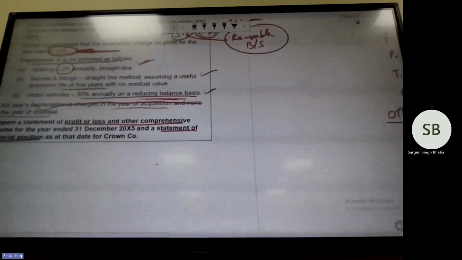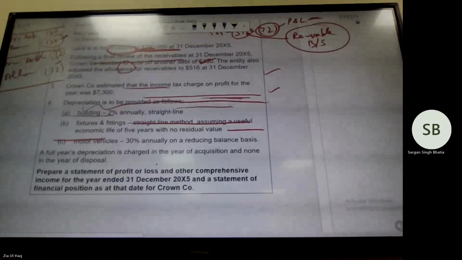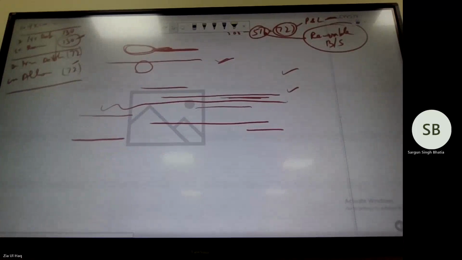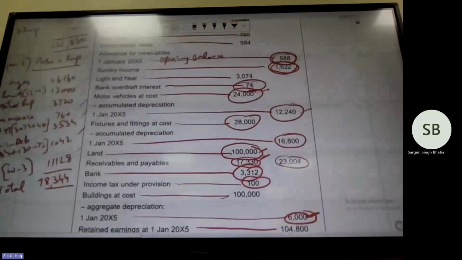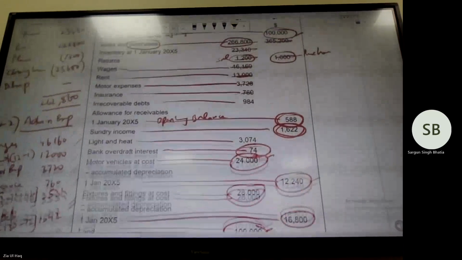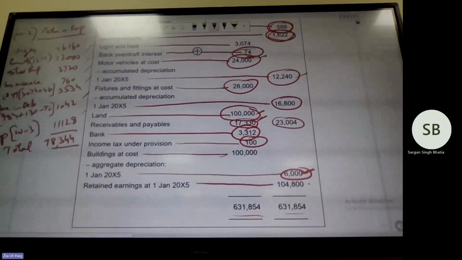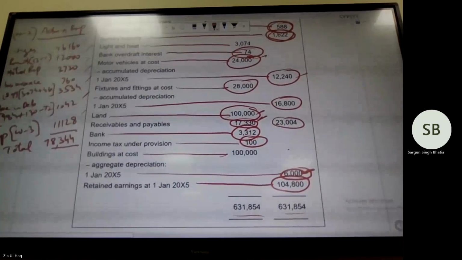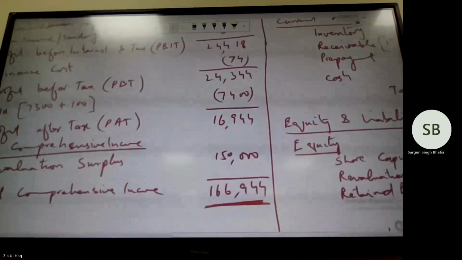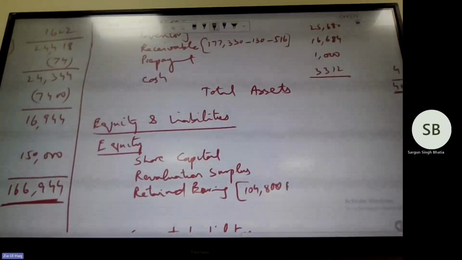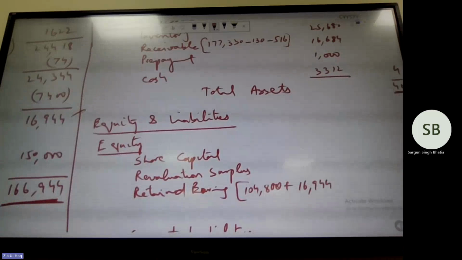The opening balance of retained earnings was 104,800, to which we add the current year profit of 16,944.